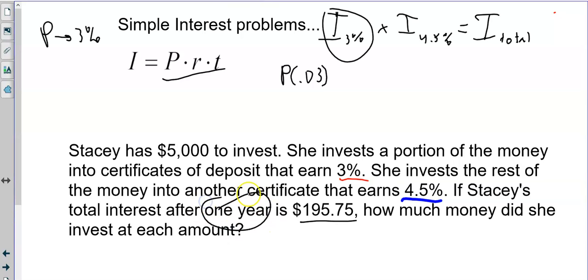After 1 year, yes. So times 1, the time is measured in years, plus whatever amount she invested there, we'll talk about that in a second, times the rate, which is 0.045, and that's also 1 year, equals the interest total, which is definitely 195.75.